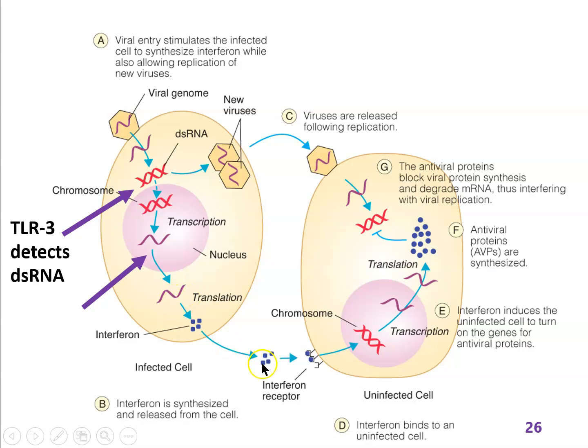So it's going to release interferon, and nearby cells can detect the interferon, and if they sense this before they're taken over by the virus, they can shut down their own translation. They block protein synthesis.